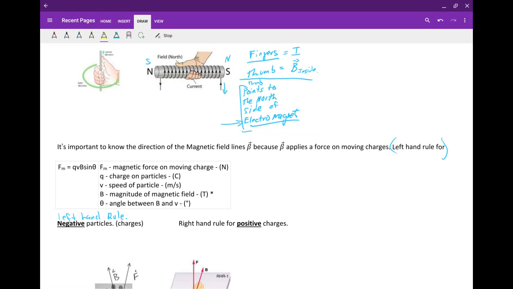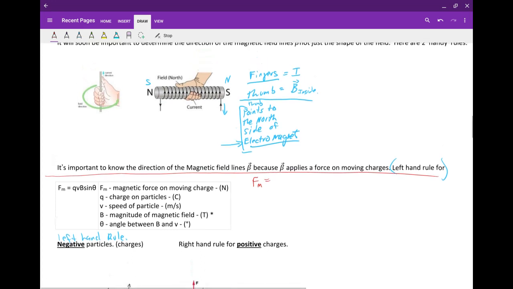So what we were talking about is, now we're going to talk about the force. From here down, talking about the magnetic force on a moving charge. As I was saying before, it's important to understand the direction of this field, because those fields, B, apply a magnetic force on a charge with a velocity.